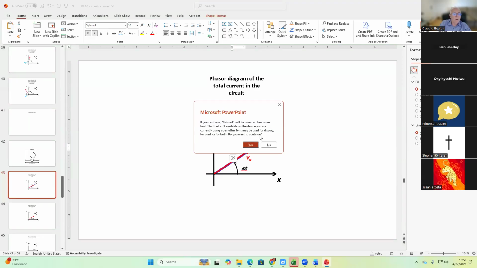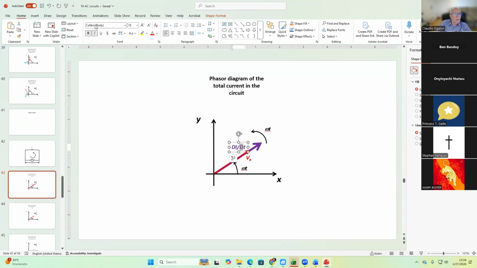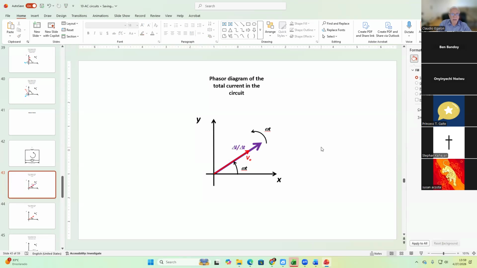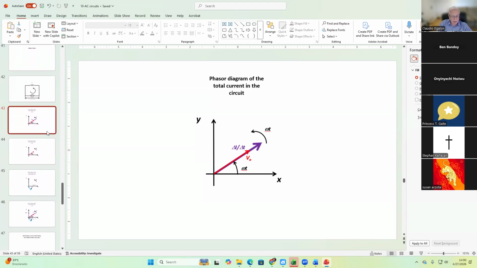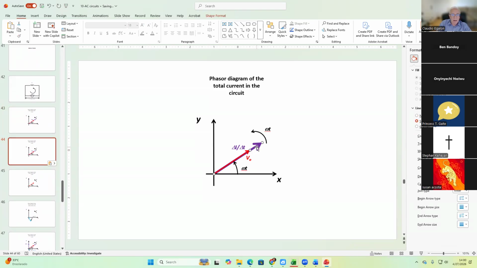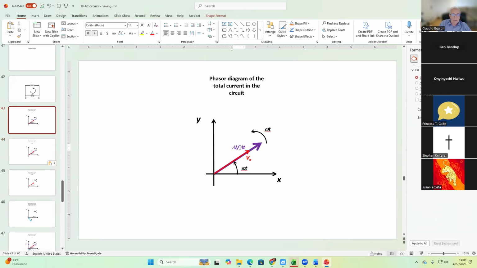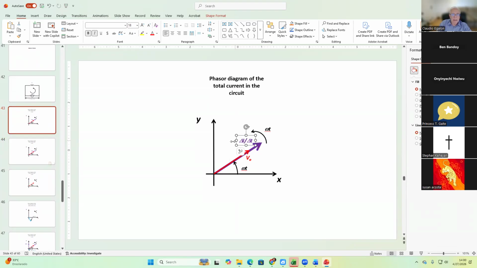Oops, what's going on here? Symbol. Delta I, delta T. Okay. If I want to animate that, I do exactly what I did before. I'm gonna put the delta I, delta T a little bit closer to the tip.